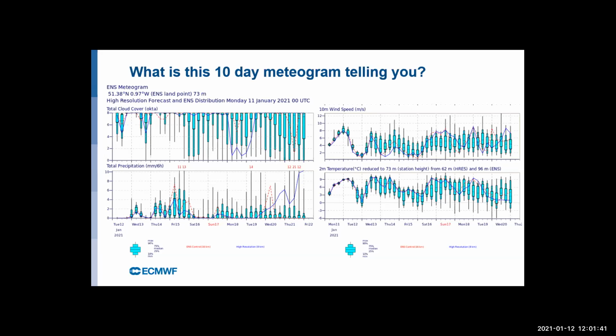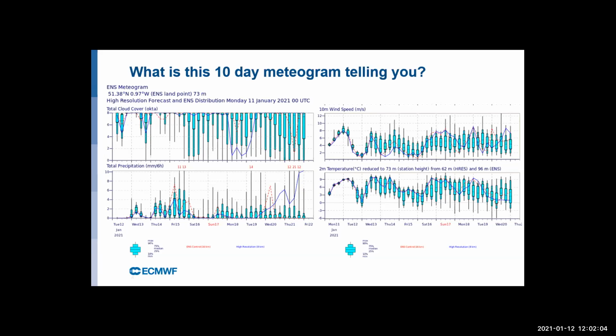This is all fine if you are looking at the start of the forecast, because the uncertainty that we discussed yesterday is the smallest. But as you progress with the forecast, you may want some information about the uncertainty, and this is when the ensemble, which is a slightly lower resolution, comes in.